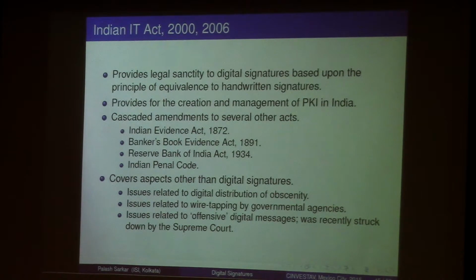And for digital signatures to work, you have to have this structure for PKI. And of course, once you have a new law, it will have cascaded amendments to several other acts. Of course, it covers other aspects of digital signatures, but that's not very important right now.